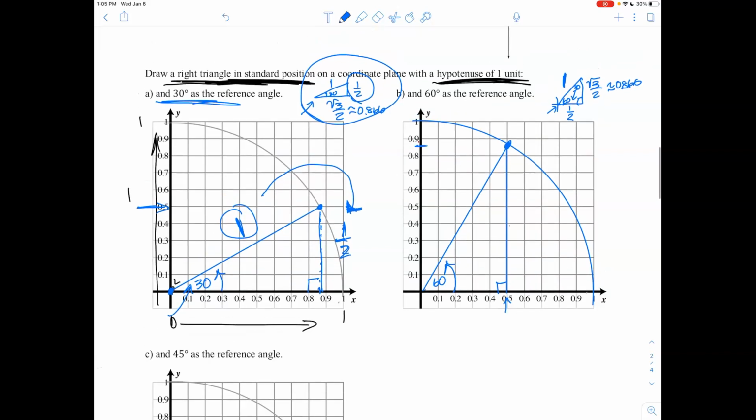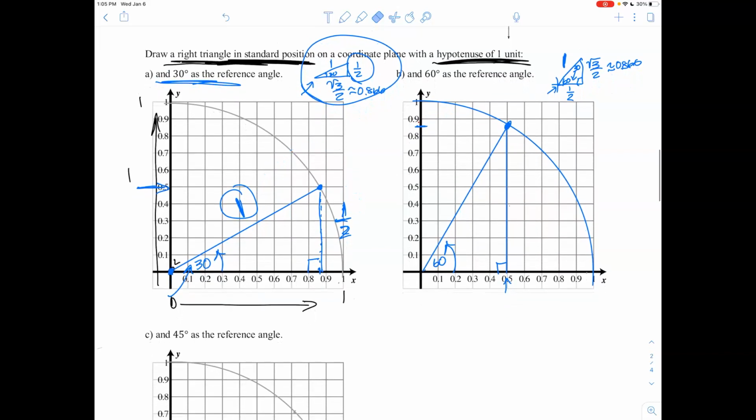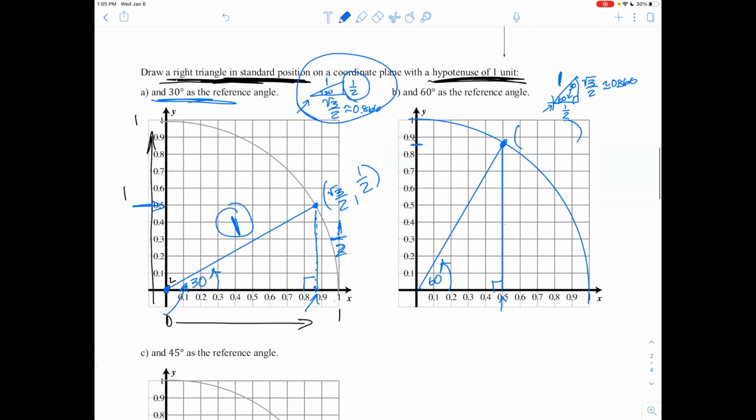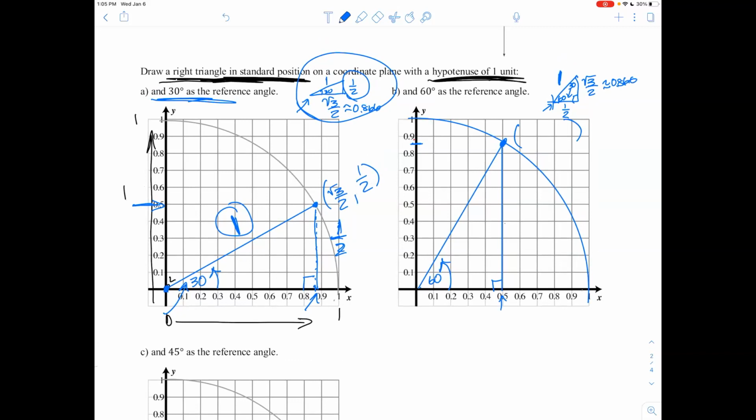Something else I want to mention before we do the really easy one. I want to talk about these coordinates. Horizontally, this is at the square root of 3 over 2. That's this measure right here. And vertically, you're at 1/2. Whereas on the 60-degree reference angle, which is this picture here, those two coordinates are not reflections, they're inverses.